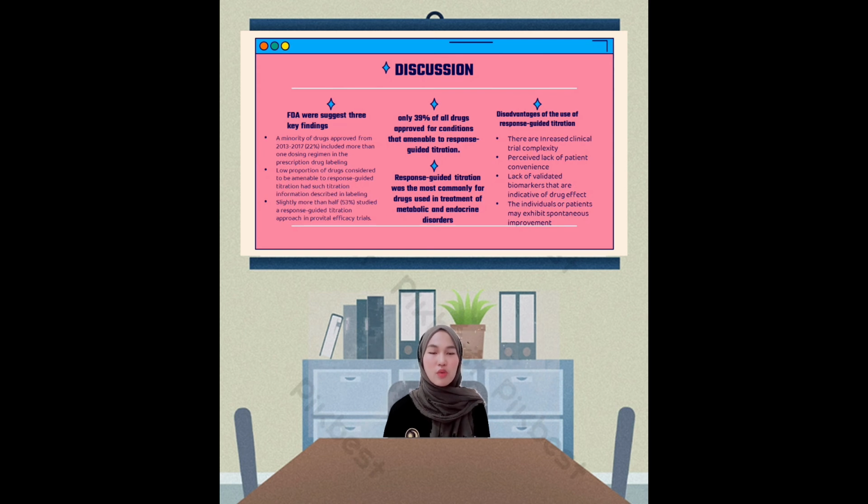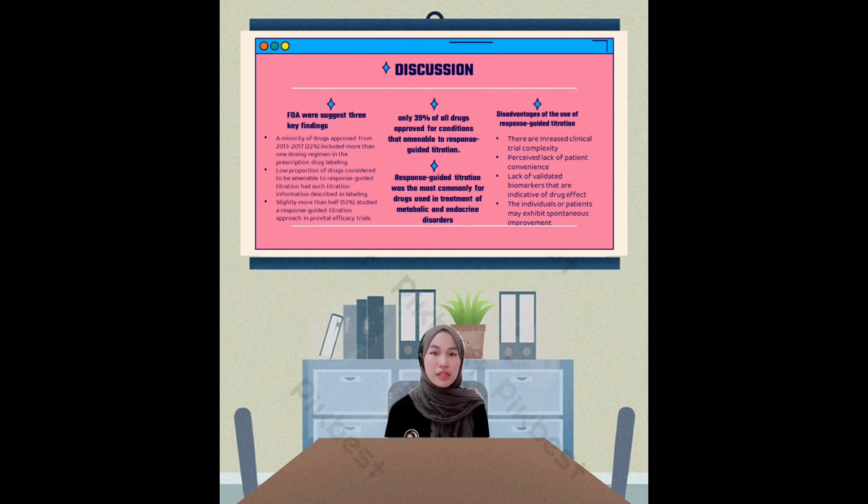Response-guided titration was most common for drugs used in the treatment of metabolic and endocrine disorders, for which biochemical parameters are commonly used in clinical practice for patient monitoring.